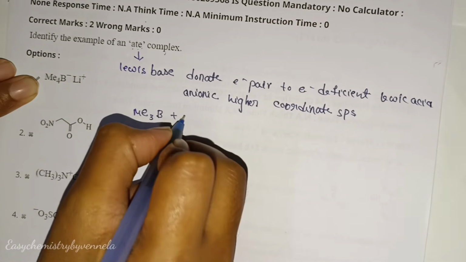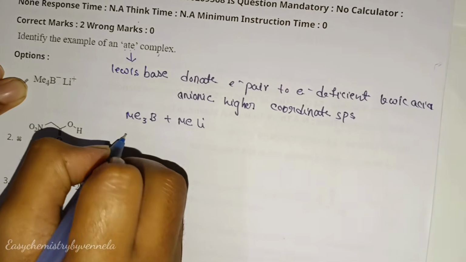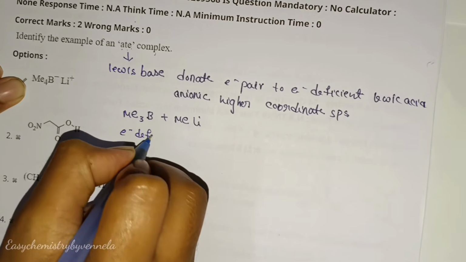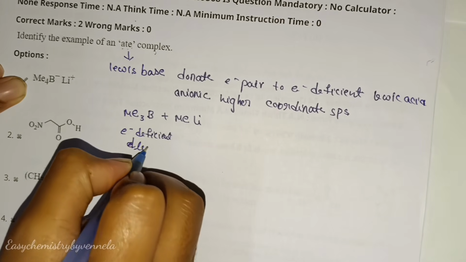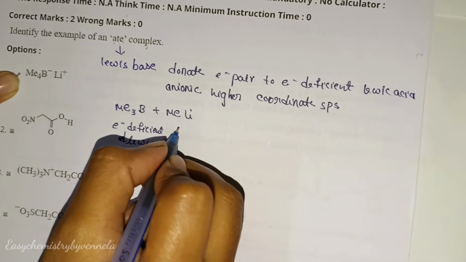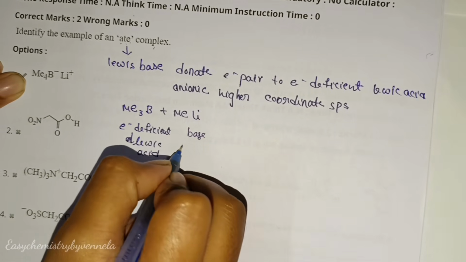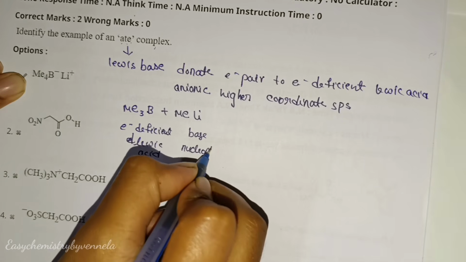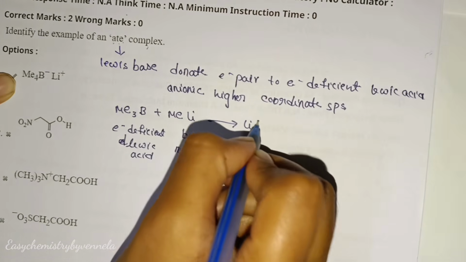Here in the first option, methyl borane reaction with methyl lithium. Here methyl borane is electron deficient and Lewis acid. Here methyl lithium is Lewis base. It is a nucleophile. What is the product here?